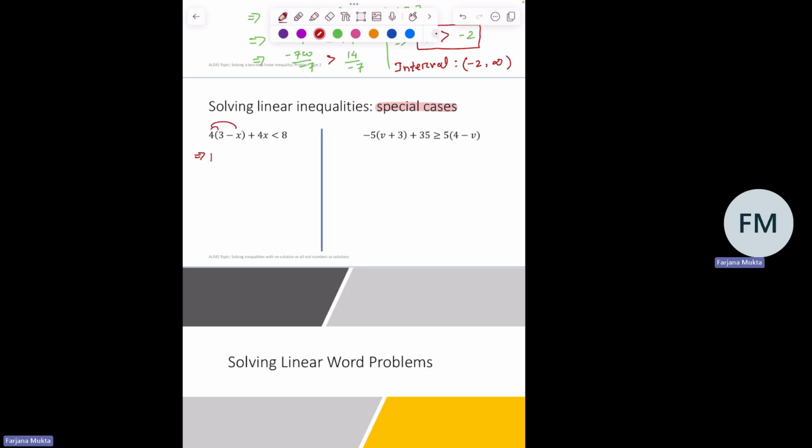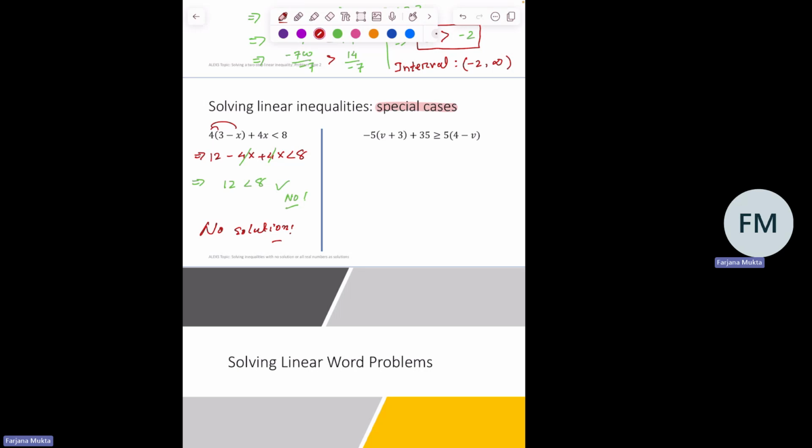So we'll have 12 subtract 4x plus 4x less than 8. Notice that the 4x get cancelled and we get 12 less than 8. Can this be true? Can 12 be less than 8? No. So if we end up with an inequality where no variable left and a wrong statement, what is our solution? No solution.